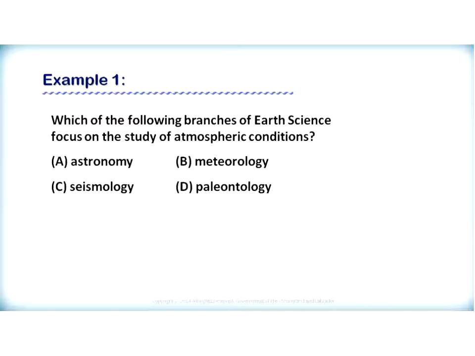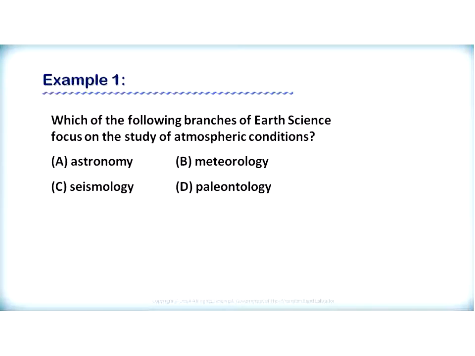Let's look at some examples of past public exam questions. Example number 1. Which of the following branches of Earth science focuses on the study of atmospheric conditions? Our 4 choices here are astronomy, meteorology, seismology, and paleontology.